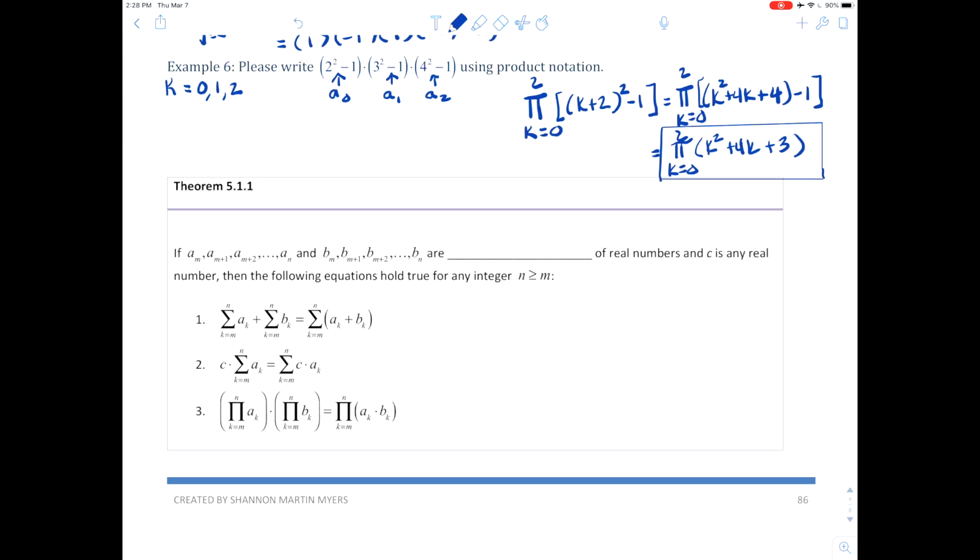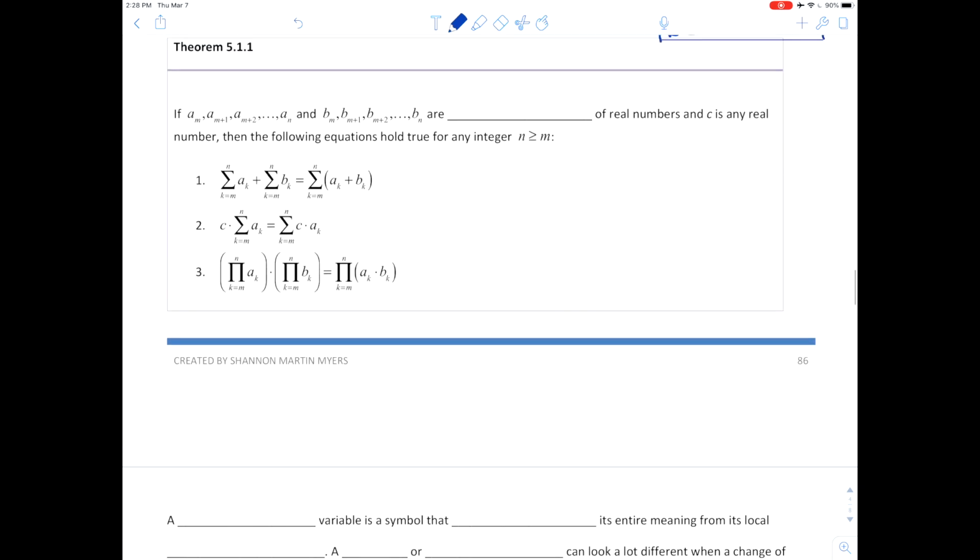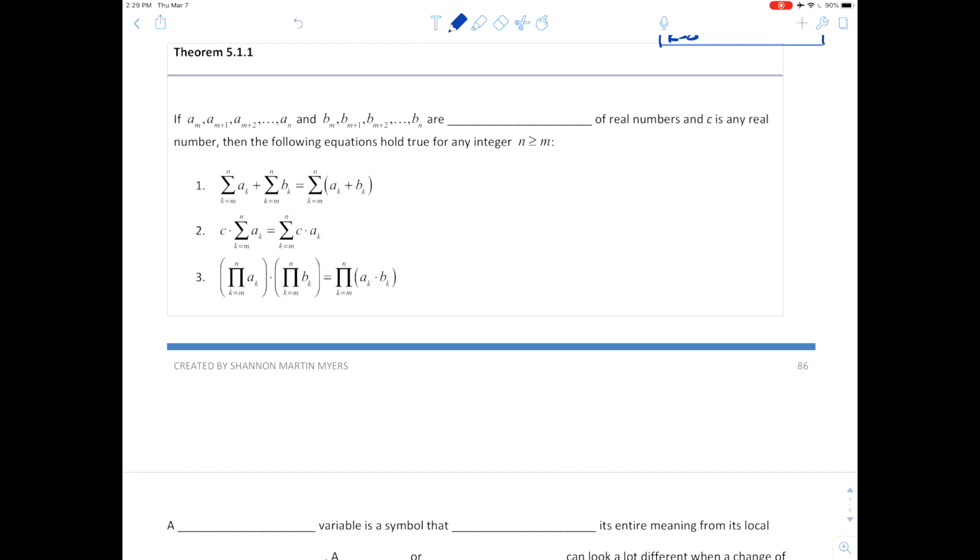All right, cool. So next we have some theorems, and I'm not going to prove these. We have way too much to do today. I have a feeling we'll be proving some of this stuff. But again, if we now have 2 sequences, you have to make it where they have the same summation index.